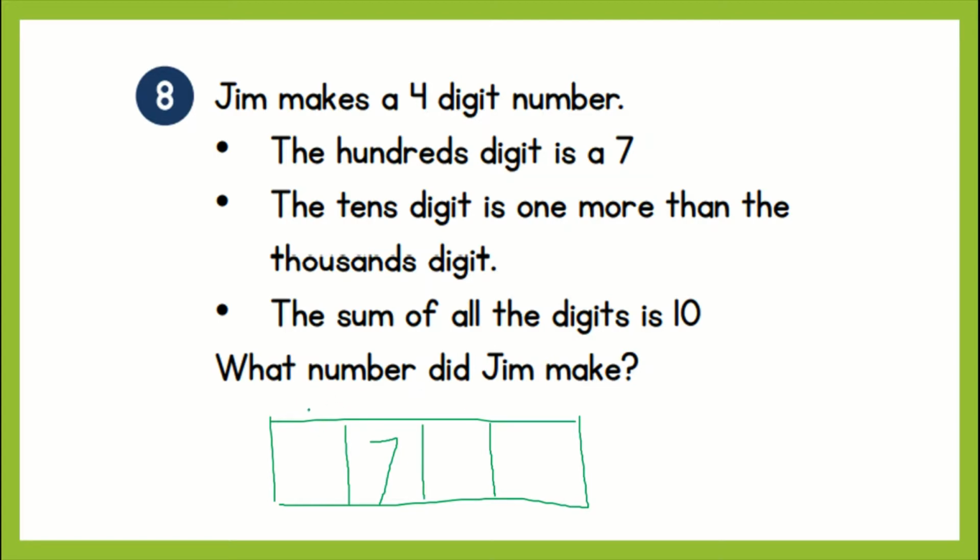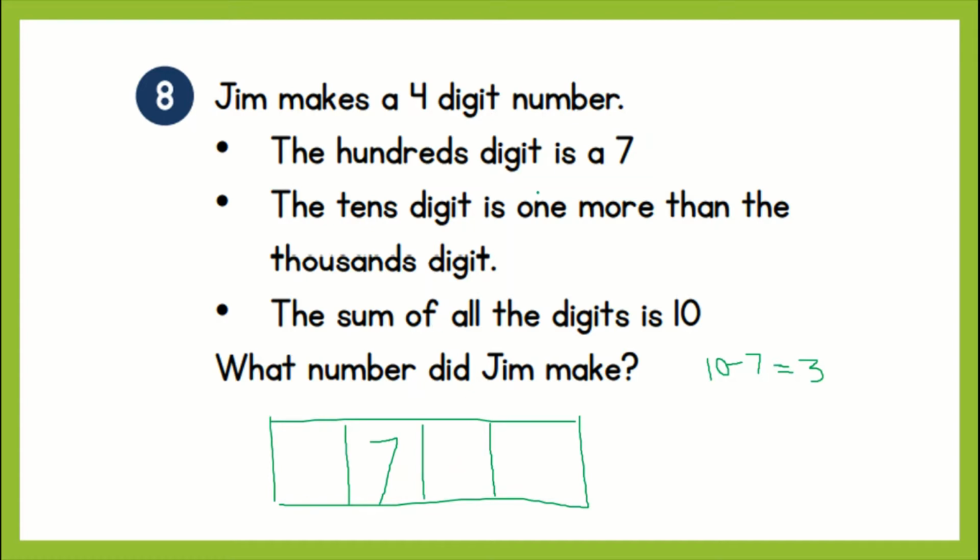So whatever this number is, we're adding 1 to it. And we know that the sum of all the digits is 10. So we already have a 7, so 10 minus 7 equals 3. So we know that this number and this number need to add to make 3.